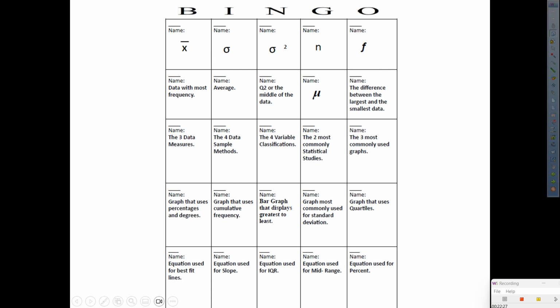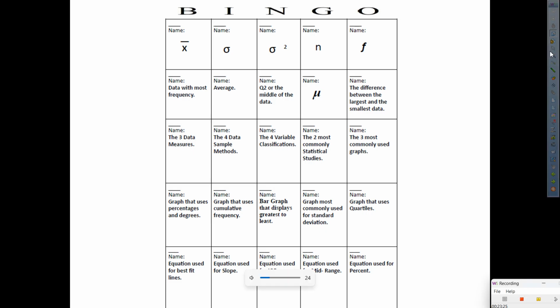Whoever fills in the whole sheet with answers, the first 3 people get a free home plate pass. So at this time, everybody get up. Go look for your empty boxes. Fill them in. First 3 people get a bingo. Let's go.